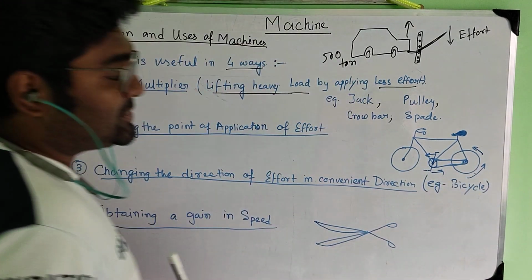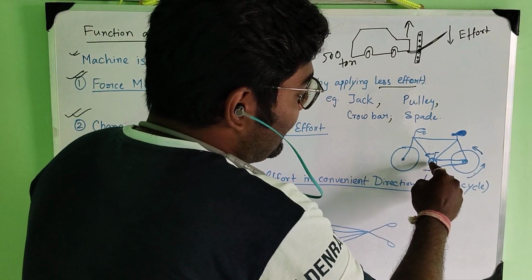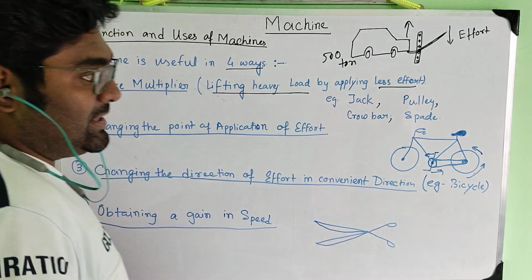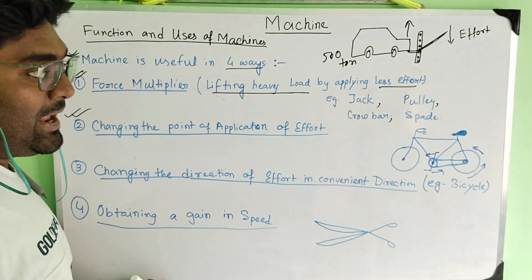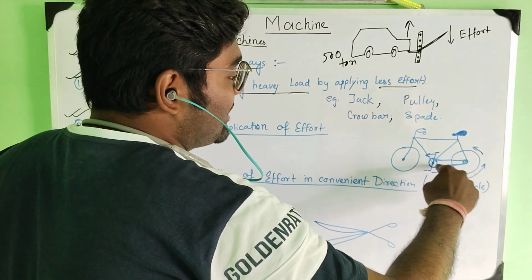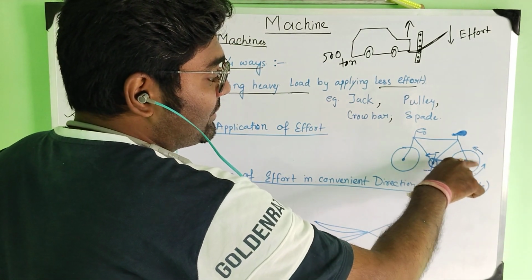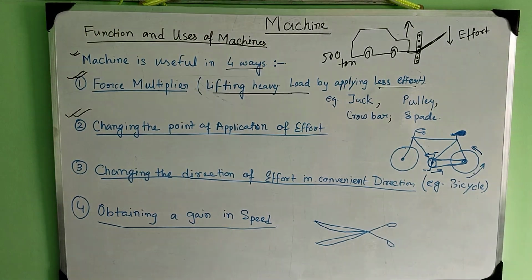The spiked wheel and chain system transfers the load to the rear wheel, and the rear wheel rotates.